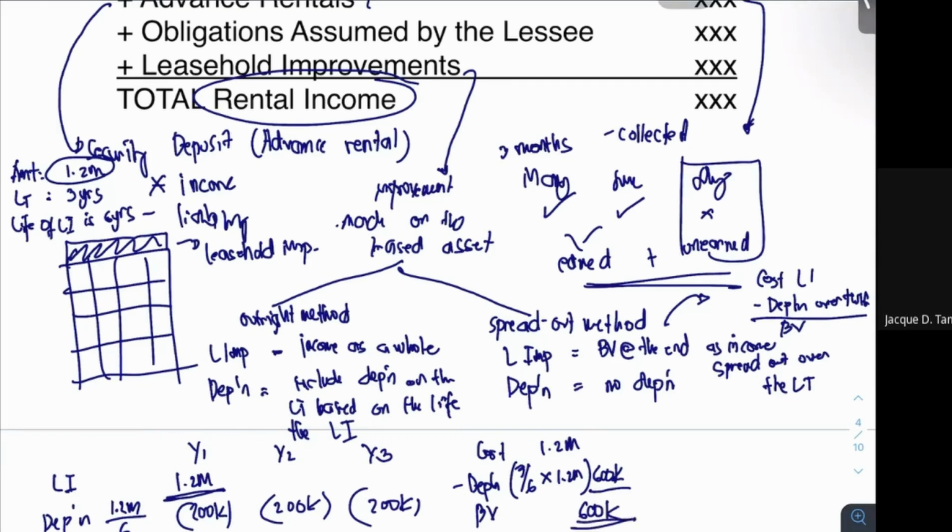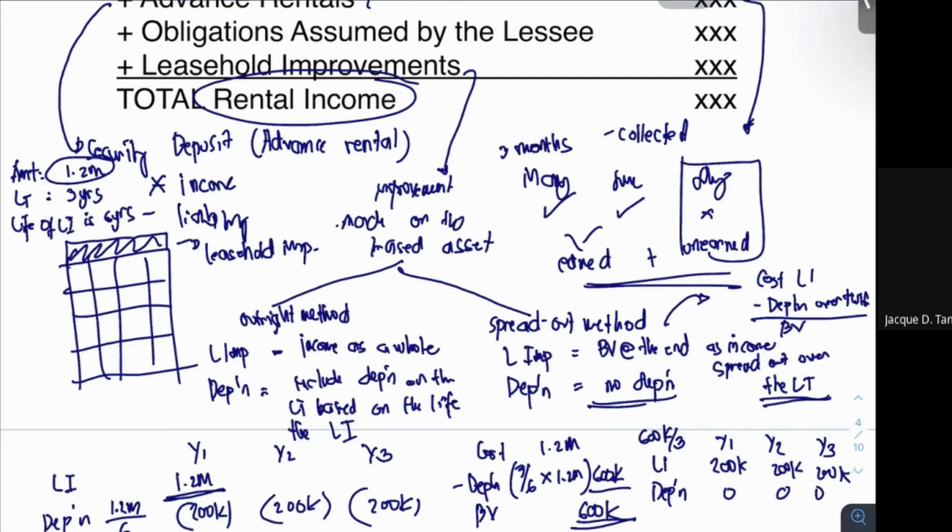Now, the 600,000 will be spread out over the lease term. So we divide that over the lease term of 3 years, so 200,000 per year one, year two, and year three. And as to the depreciation, take note, no depreciation will be recorded. So this will be zero each.